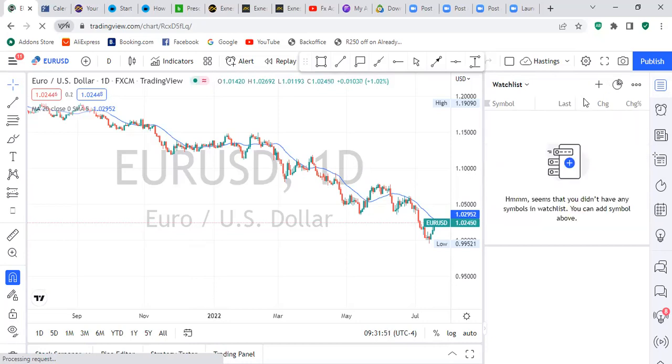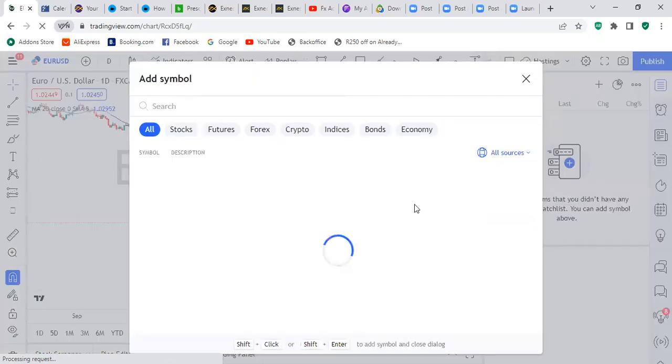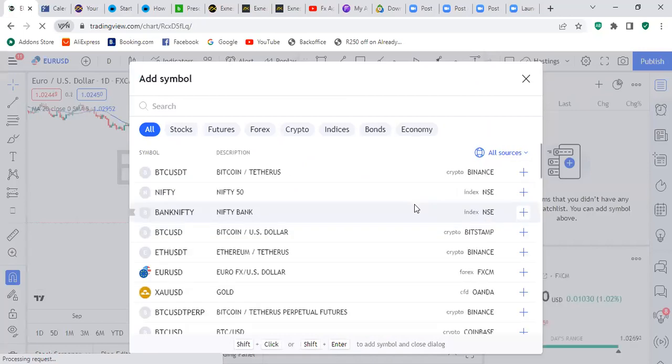Okay, so once you open your watch list panel, you click on plus. There comes all the stocks, there's futures, Forex, crypto, indices, bonds, and economy. So you can go on all, and then maybe you want to trade, let's say, Euro USD.